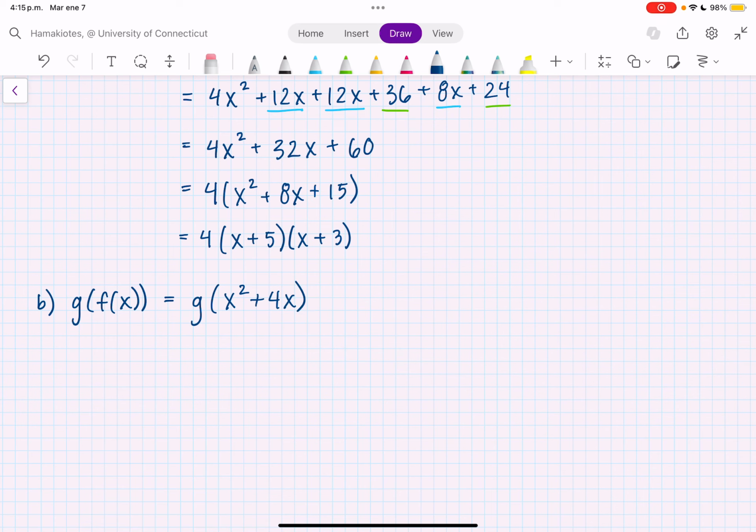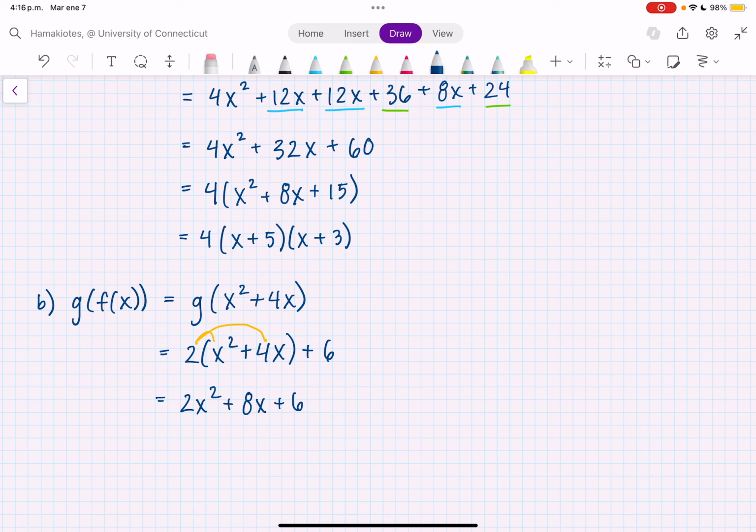Now, g of x is 2x plus 6. So this becomes 2 times (x squared plus 4x) plus 6. So now 2 times x squared is 2x squared, 2 times 4x is 8x. So this becomes 2x squared plus 8x plus 6.